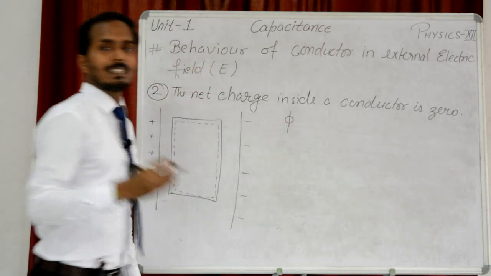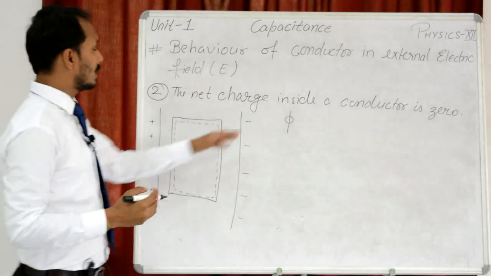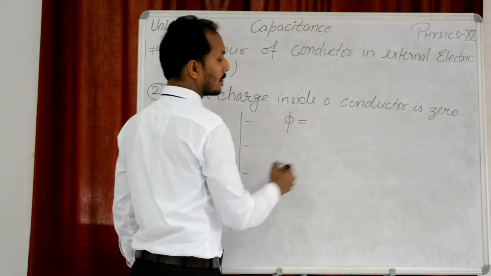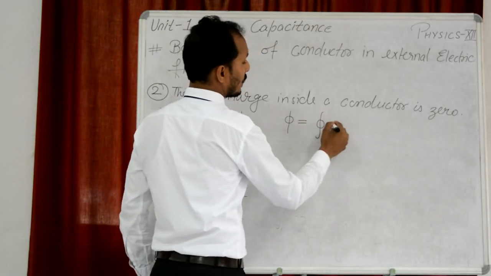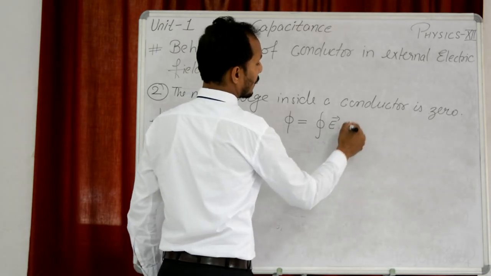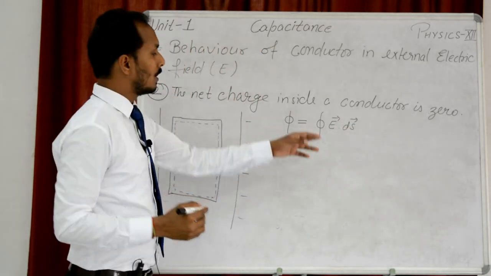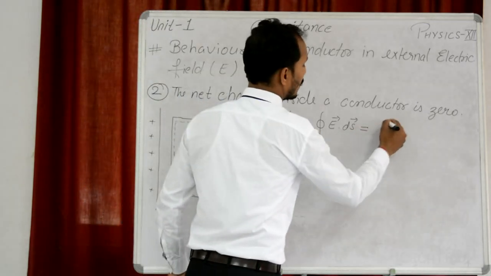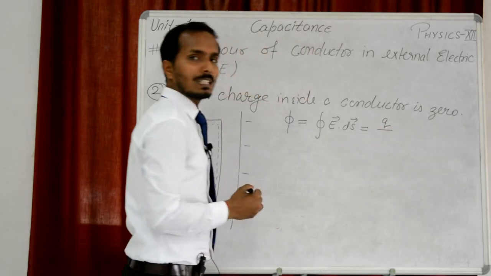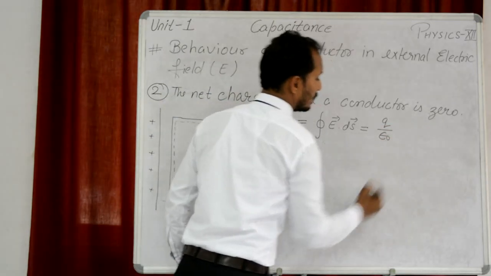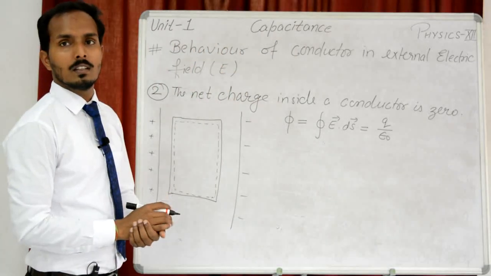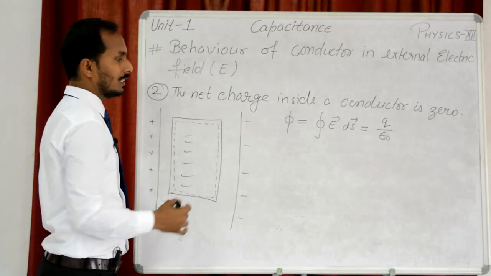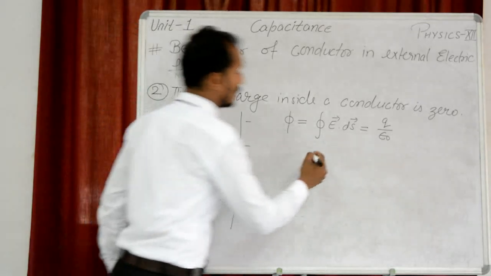I know that the Gaussian surface is used to calculate the electric flux, and the surface integral of the electric field over a closed surface is always equal to the total charge on the surface divided by epsilon naught. This is the formula of Gauss law, and this is the Gaussian surface. So I have to calculate the net electric flux through it.